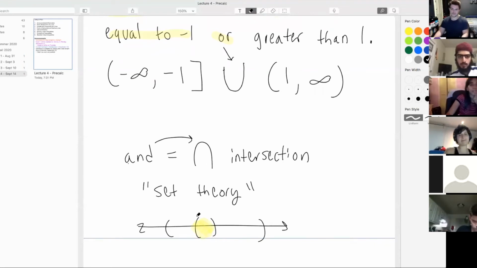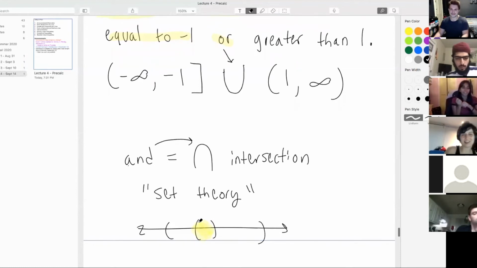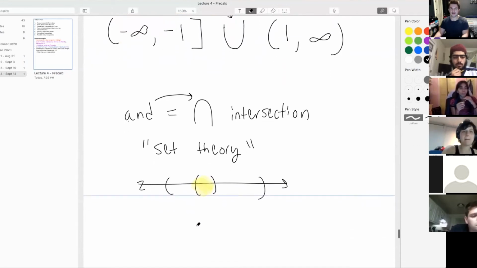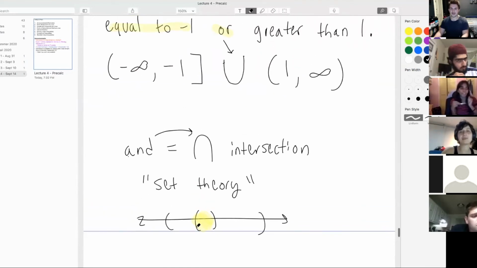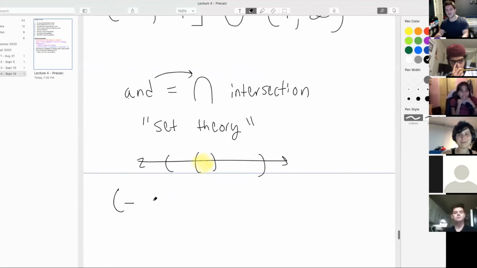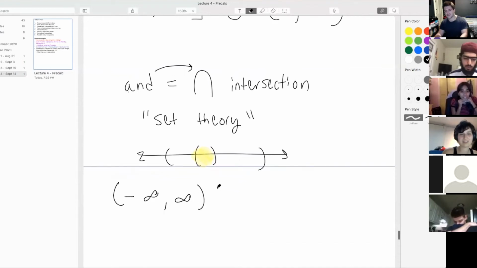Oh, wait. So back a little bit. Sorry. What I was going to ask before, I think now it makes sense. If I wanted to express from the notation to words, could I say negative infinity to infinity, but -1 to 1? Oh, yeah, that would work too. But that usually looks like this in set theory. You put -infinity to infinity, and then you put this slash, which is like a set minus, and you would subtract out -1 to 1.